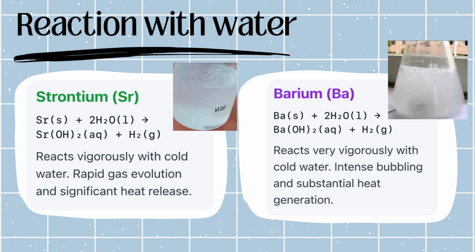And also, we see in the image of barium that the solution turns milky, proving that barium hydroxide was formed. In addition, both strontium and barium react very fast with water, and the reactivity increases as we go down group 2 in the periodic table.